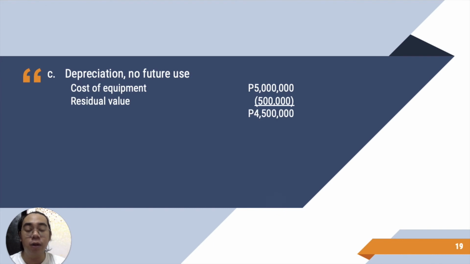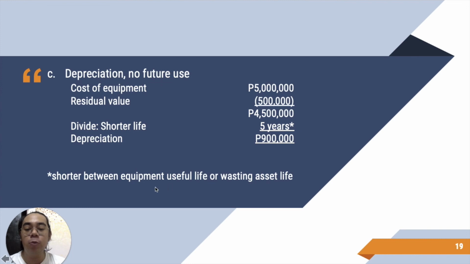So, the depreciable cost is 4,500,000 divided by the shorter life, which is shorter between the equipment useful life or the wasting asset life. Yung useful life 10 years, yung wasting asset life is 5 years, so we use 5 years. Therefore, the depreciation every year is 900,000.